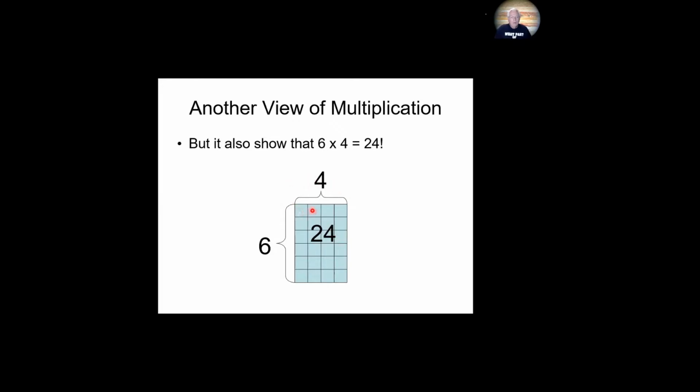We go 1, 2, 3, 4, 5, 6, 7, 8, 12, 16, 20, 24. And so not only does it give us a chance to multiply count this, which is helpful, but it shows what happens when we build this rectangle.